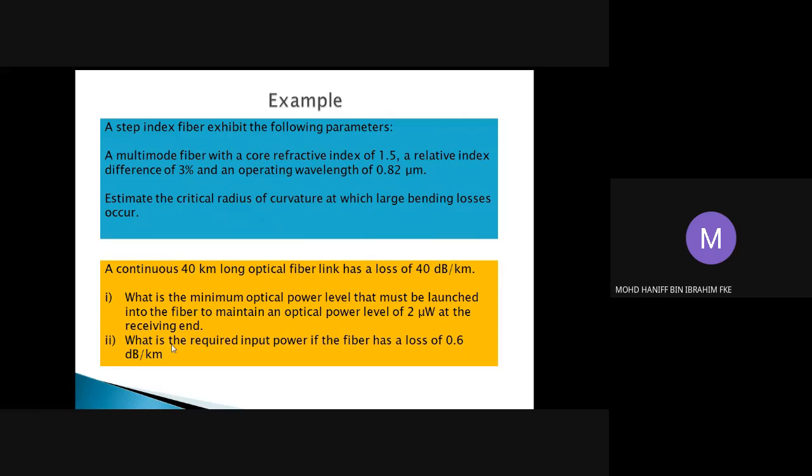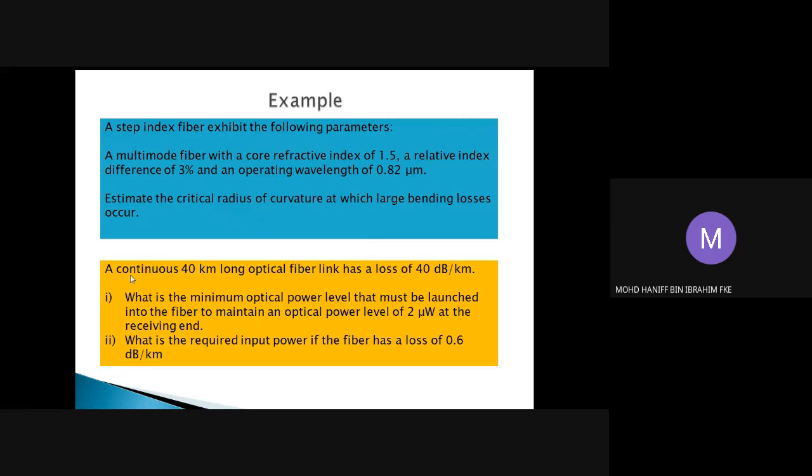For the next example, we have a 40-kilometer long optical fiber link, which has a loss of 40 dB per kilometer. We need to determine the minimum optical power level that must be launched into the fiber to maintain an optical power level of 2 microwatt at the receiving end.